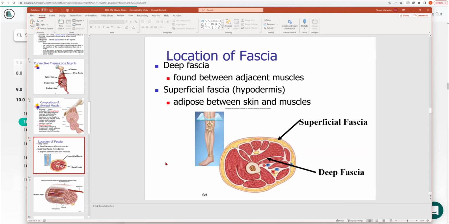Let's try to understand what this superficial fascia is. So I'm going to take a transverse cut through the thigh. Here we go. Looks like a ham steak, doesn't it? Right? Big old ham steak. There is the bone, right? There's the femur. And we see that there are all of these muscles in the thigh. And you're learning that, right? You're learning the muscles in Lab 5.